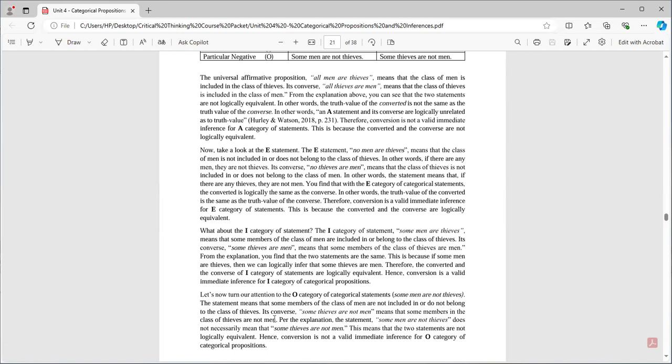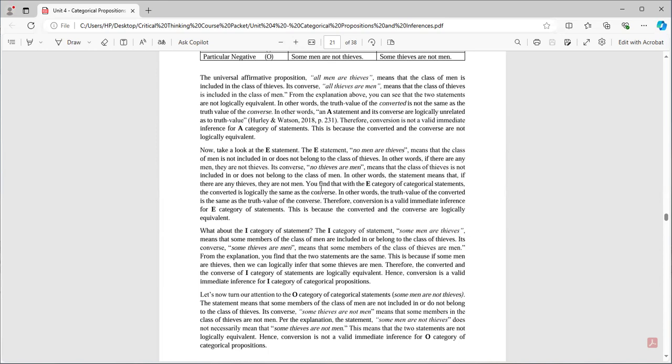Yes, sir. Some men are thieves. Is it the same as some thieves are men? Yeah, they are the same. So for particular affirmative statements, when you convert, it is the same thing. Some men are thieves, some thieves are men.